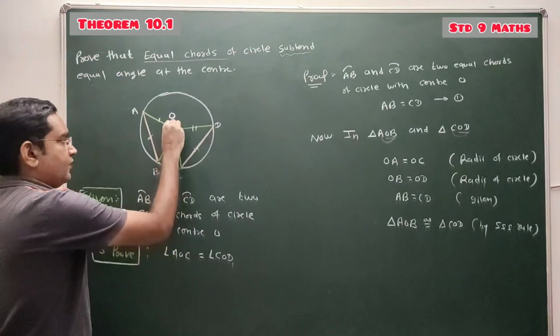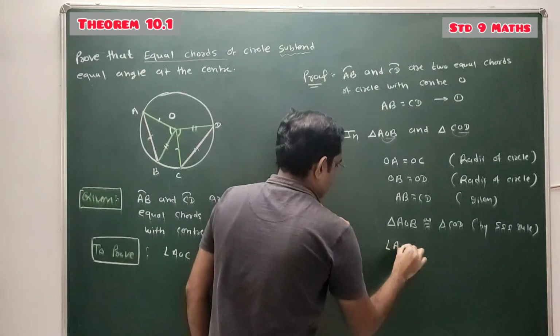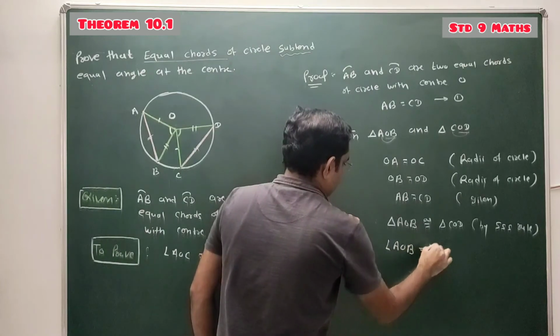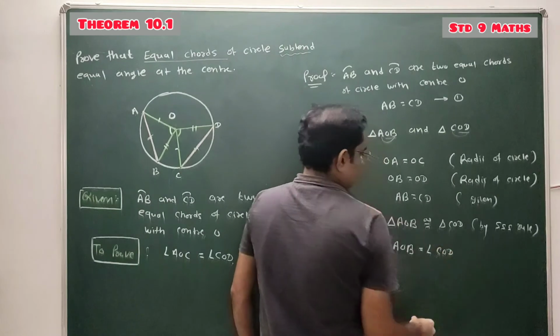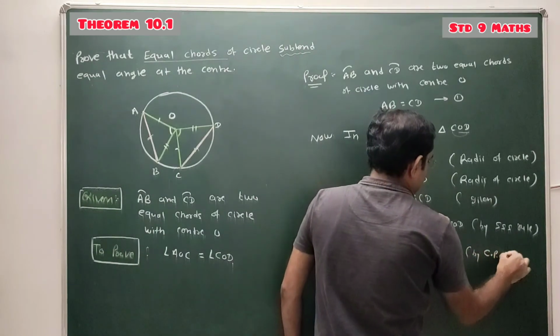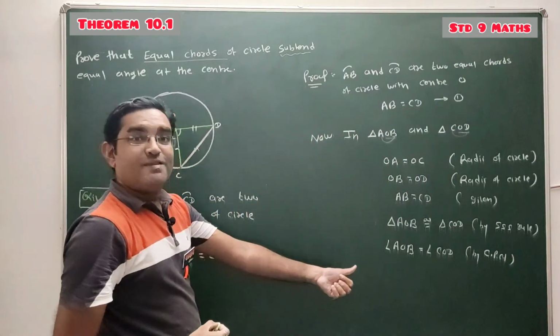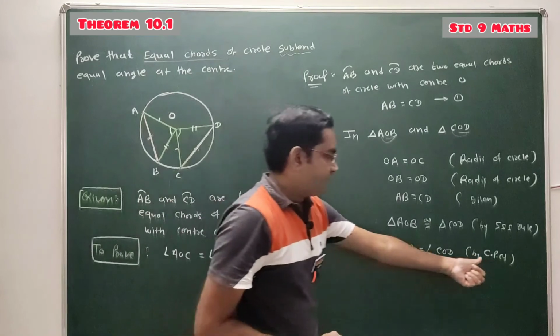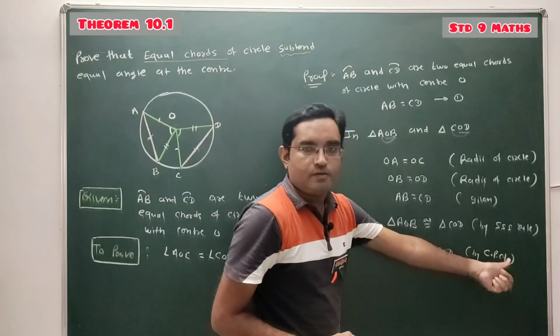So here the corresponding angles are angle AOB equal to angle COD by CPCT, corresponding parts of congruent triangles.